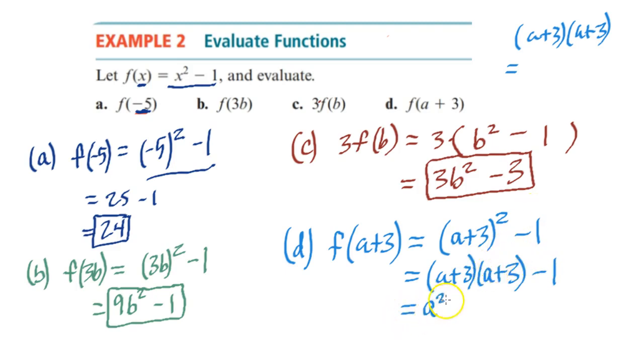That's equal to a squared plus 3a plus 3a plus 9. So that's just this part. And then we still need to subtract 1. Combine like terms, we have a squared and then 3a plus 3a, 6a, and plus 8.